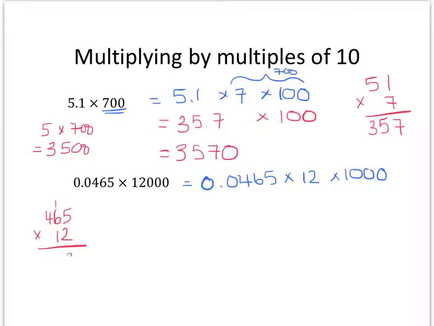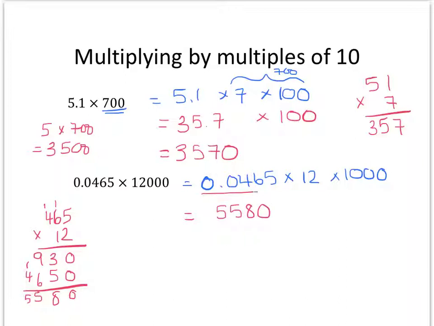2 times 5 is 10, 2 times 6 is 12, add 1 is 13, 2 times 4 is 8, add 1 is 9, put in my 0, 1 times 5 is 5, 1 times 6 is 6, 1 times 4 is 4, add my numbers together. Okay, I've got 5580. Now, let's take a look. I'm just going to write the digits down first. 5580.